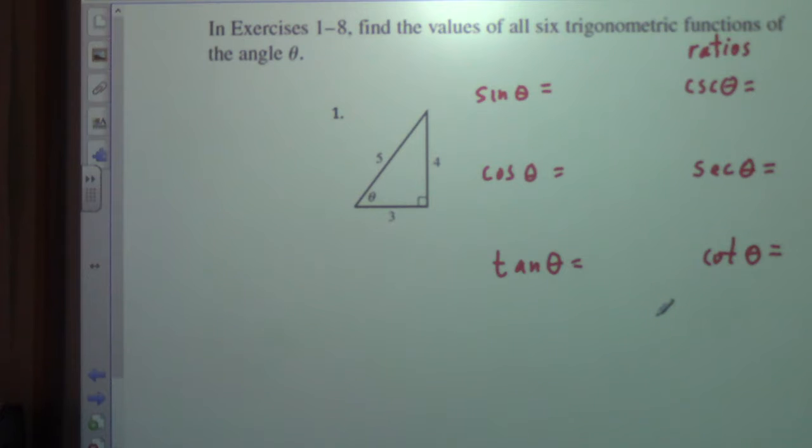Now, one mistake I see a lot of students make, and probably at least somebody makes it every year, is people will say sine equals, and they'll forget the theta. A lot of times you're going to see x too, like x can be an angle as well. But if you just say sine equals, that's not right, because you have a sentence missing a very important component.